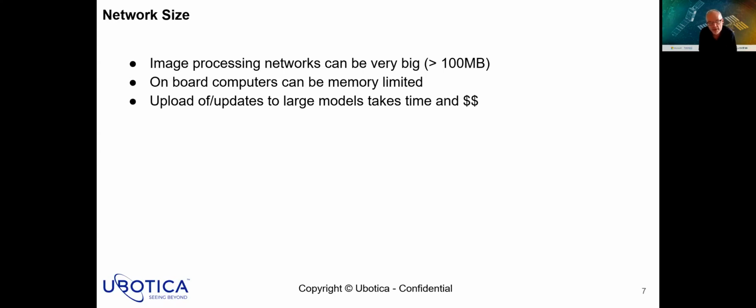The absolute maximum we can accommodate as a model, after it's been processed and compiled to run on the accelerator, the very, very maximum is around 220 to 230 megabytes in size. But we would recommend, when selecting a model architecture, to be looking at something that is more in the 100 megabyte range where possible.